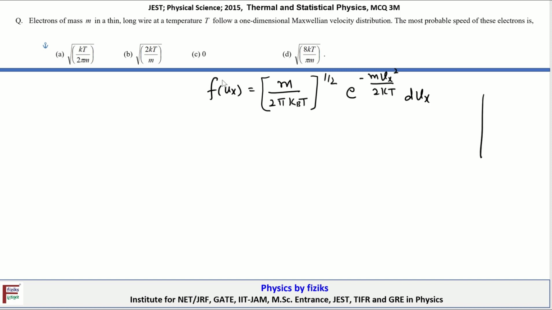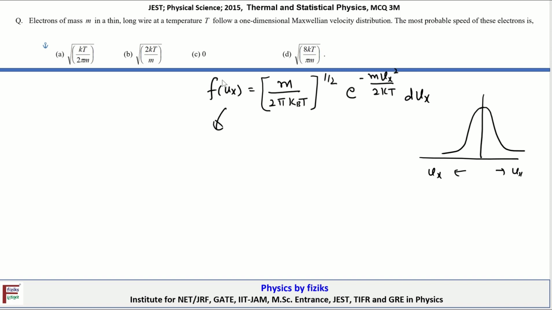This distribution looks like this. It's symmetric with respect to x, Vx along the positive direction and along the negative direction. Now in order to find the most probable speed, the strategy that we adopt, as we did in the three-dimensional case also, is to maximize this function with respect to velocity.